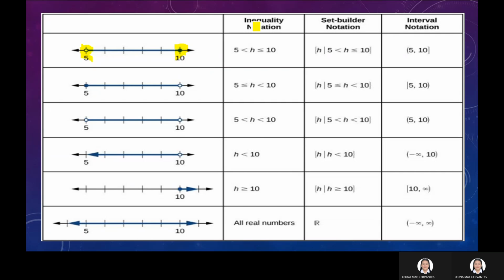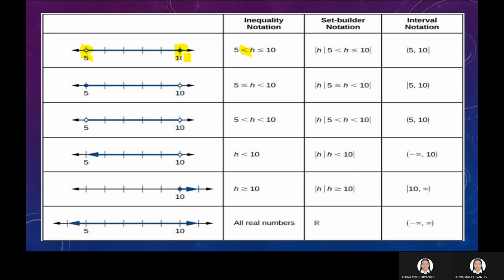So inequality notation, 5 is less than h, and h is less than or equal to 10. Remember, if it is not shaded or not included, then we will not put an equal or underline.